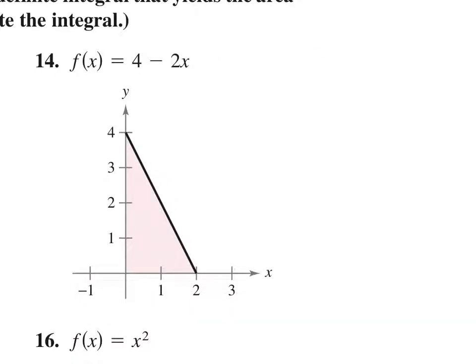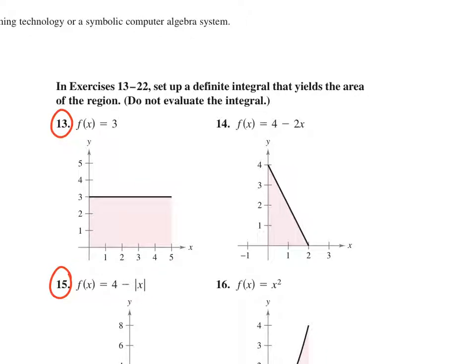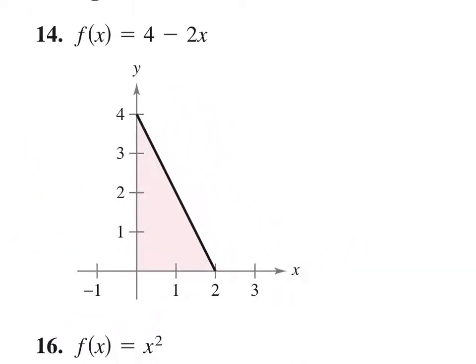In our practice, we're asked to set up definite integrals that give us the area of the region. Here we have basically this triangle. If I were to write this as a definite integral, it would be the integral from what to what? 0 to 2, the x coordinates.